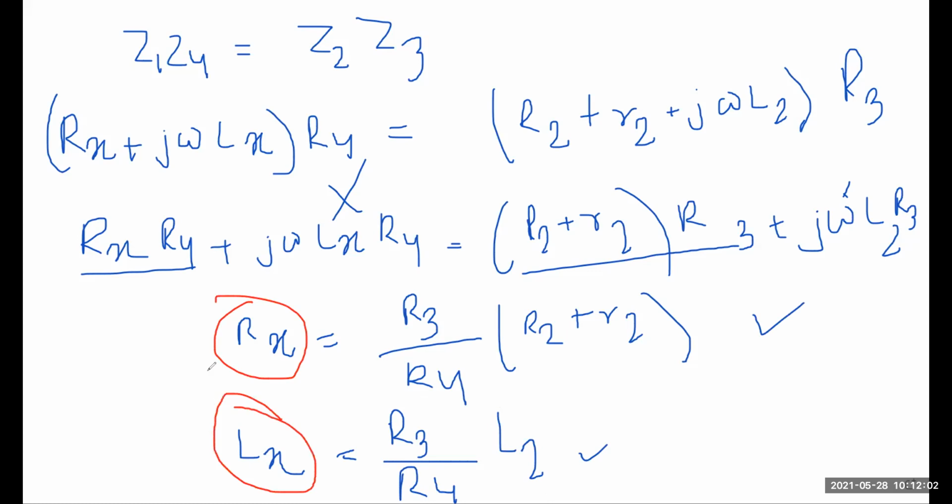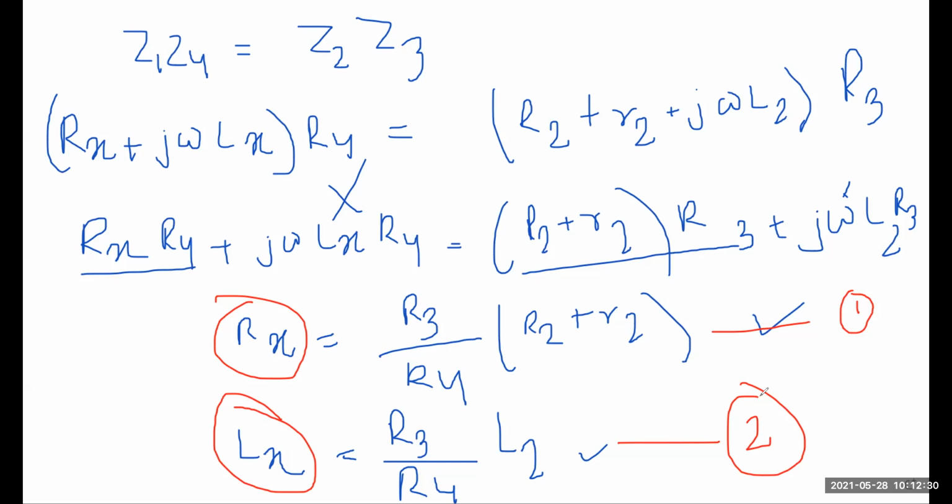So we observe that there are two conditions for the balance equations here. This is one balance equation, and the second is this equation. So these two equations are important, and from them we are able to understand what is my unknown resistance and unknown inductance, by comparing with the variable inductance, definitely L2, and small r2.